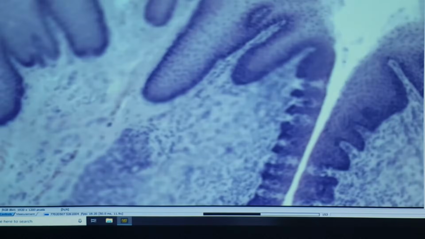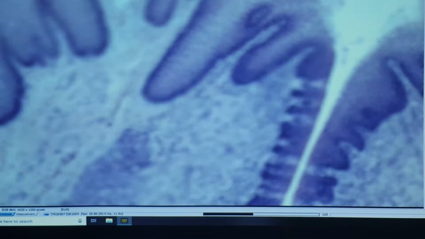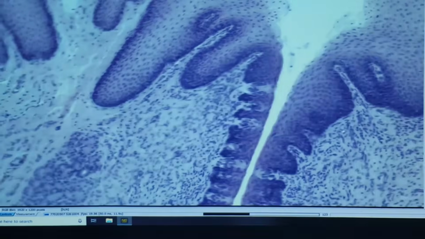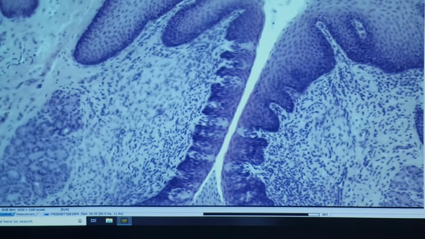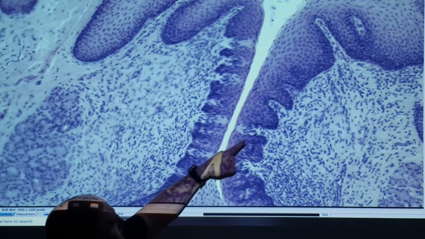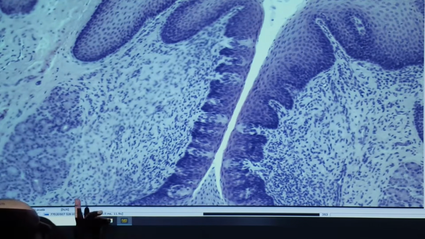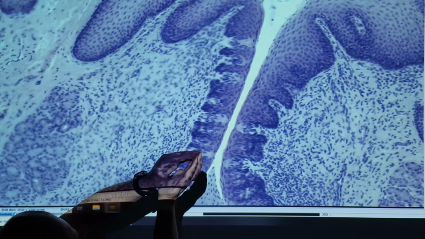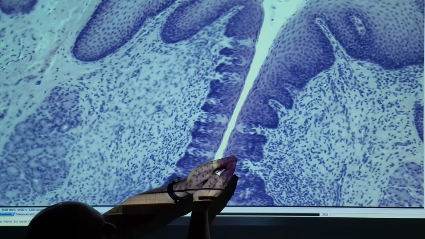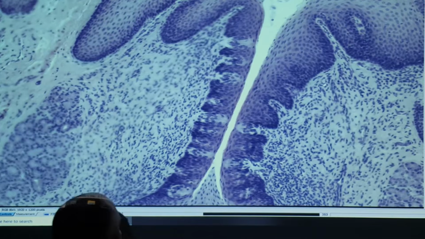Let's jump up in magnification a little bit. So what you see here, this is a taste bud, this is a taste bud, that is a taste bud. To me, these things look like a rosebud or a tulip bud before they open.